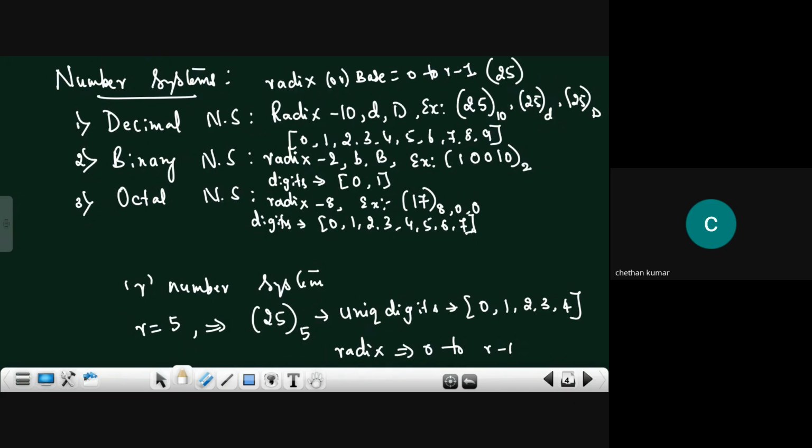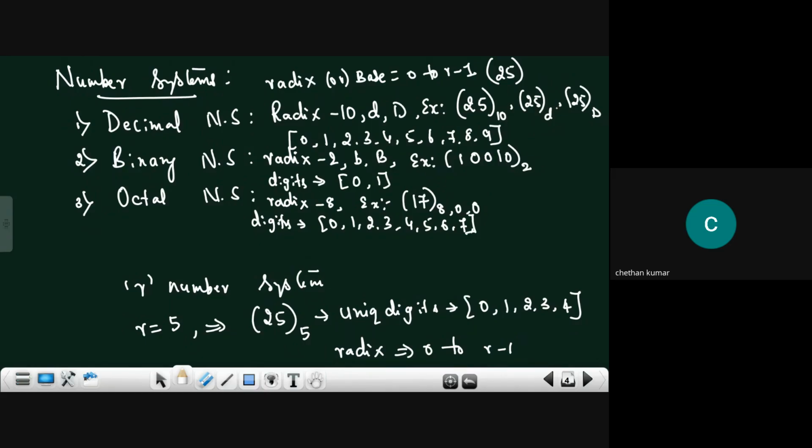After 7, if I want to extend my octal digits: 10, 11, 12, 13, and so on. Just as after 9 in decimal the next number is 10, then 11, 12, 13, up to 19, and again you start from 20, 21, and so on.